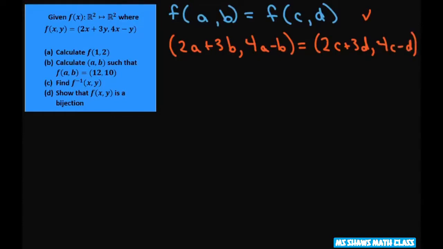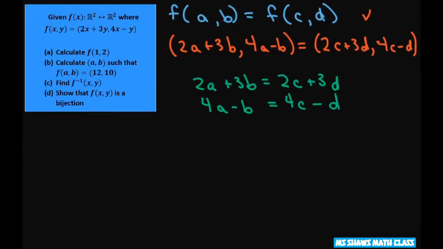Now, we're going to set our x's equal, so we have 2a plus 3b equals 2c plus 3d. We also have 4a minus b equals 4c minus d.